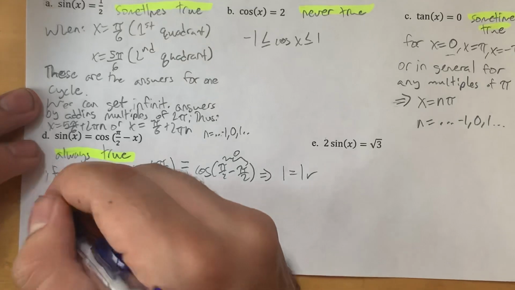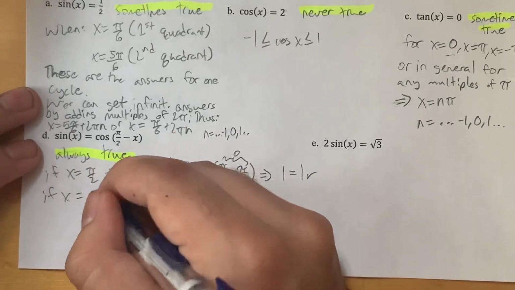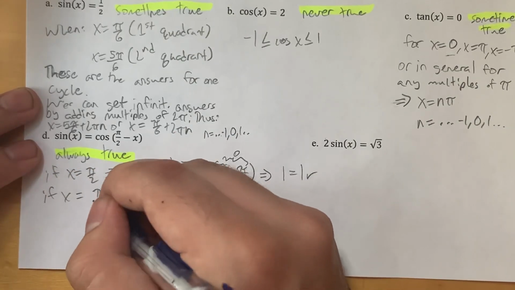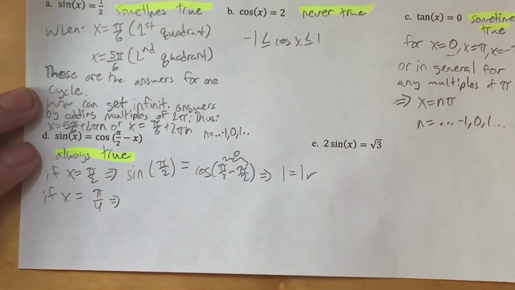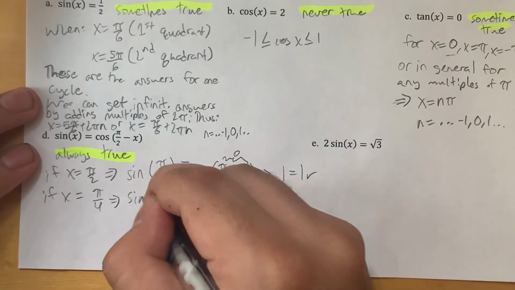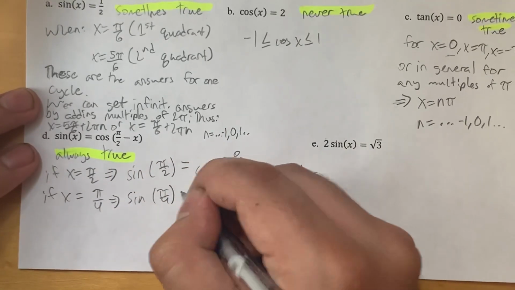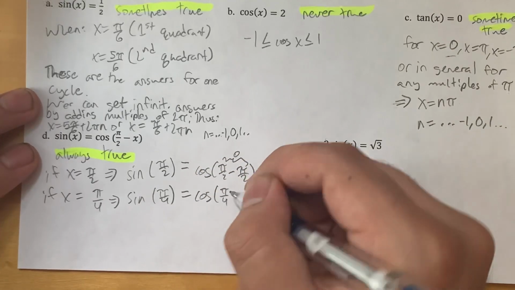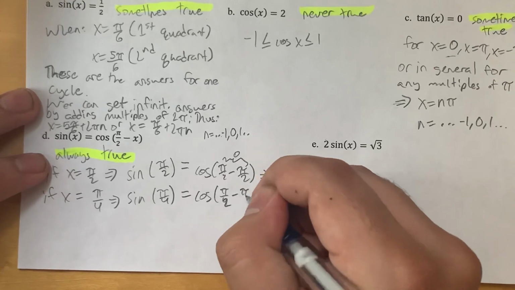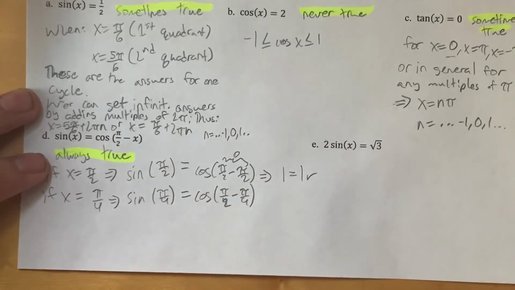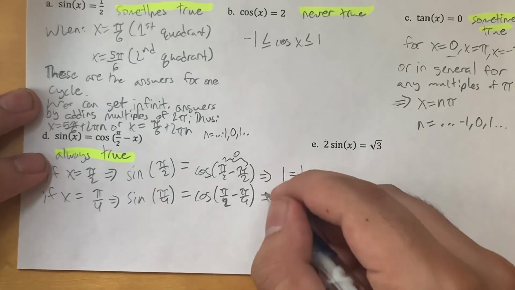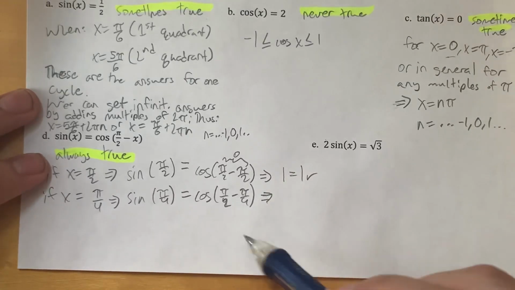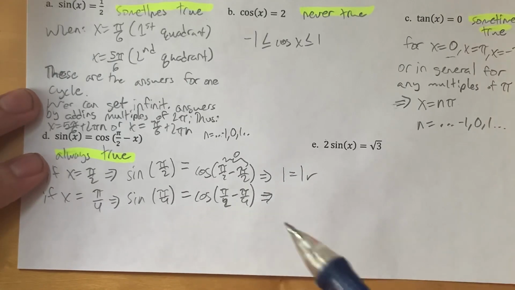So why not? What about pi over 4? Sine of pi over 4 equals cosine of pi over 2 minus pi over 4. So we're going to get negative pi over 2. And we know that cosine is positive in that quadrant.